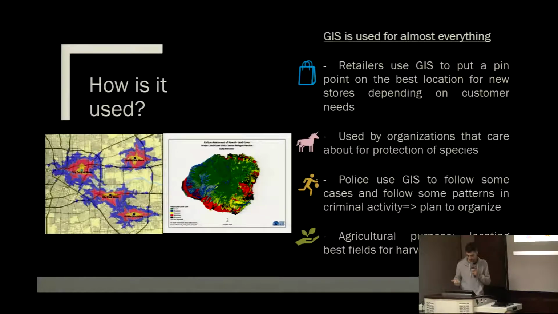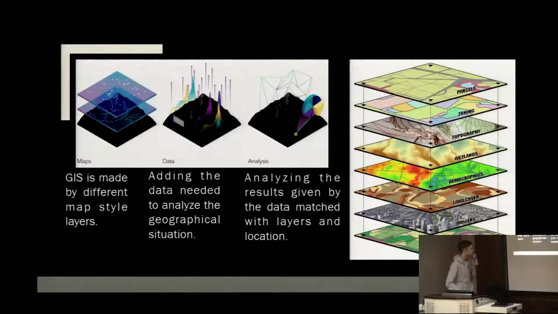Police can use GIS too, and for sure there's an agricultural purpose. So it's the purpose I will explain today. So basically, GIS is made like this. First, you have the map. So you can add different layers on the map depending on what you're searching for.